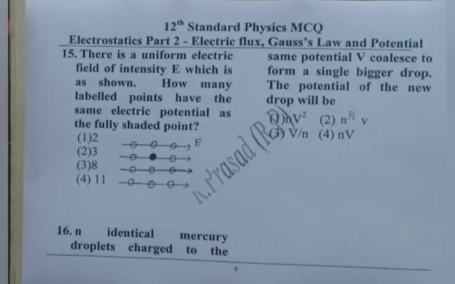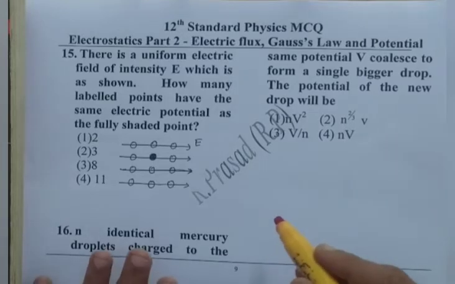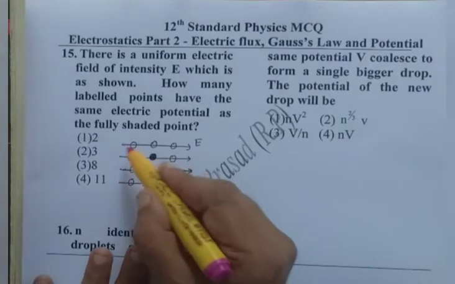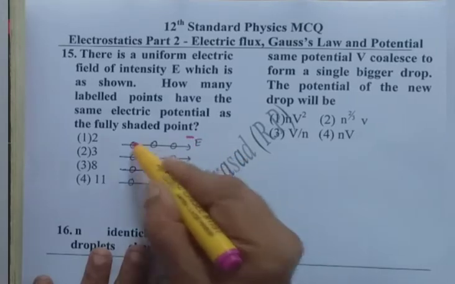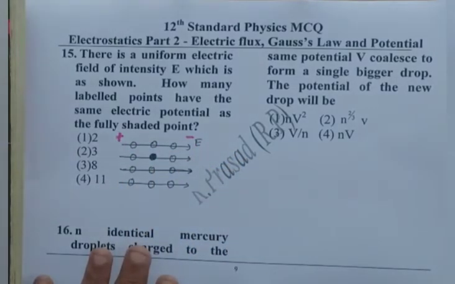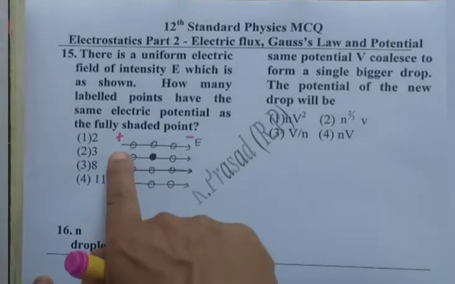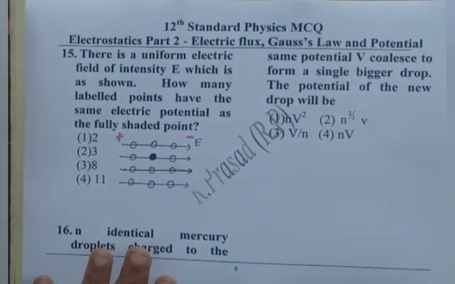Now we know in an electric field, arrows indicate the negative side, non-arrow sides indicate the positive side. That means the electric field direction is shown like this, positive to negative, and in that direction potential always goes on decreasing towards the negative side.